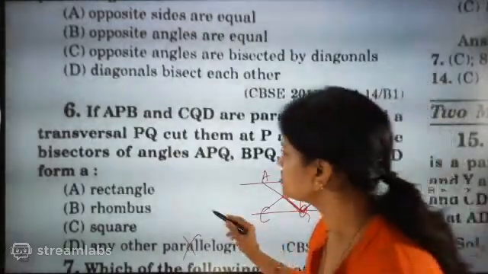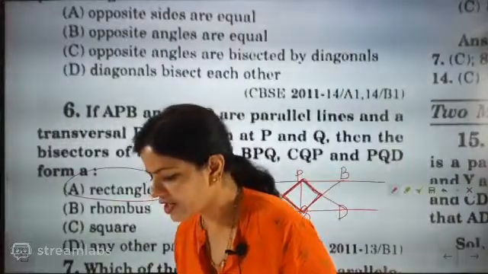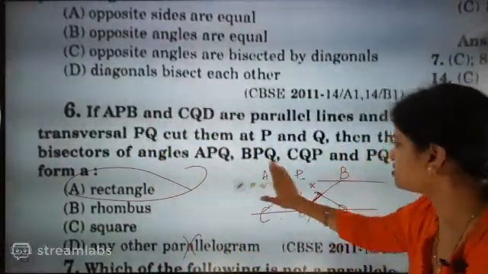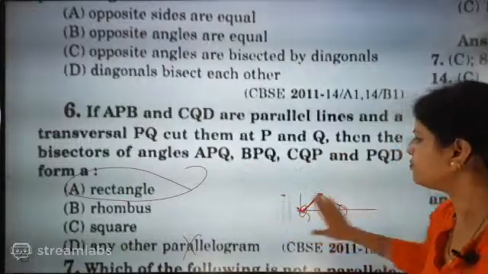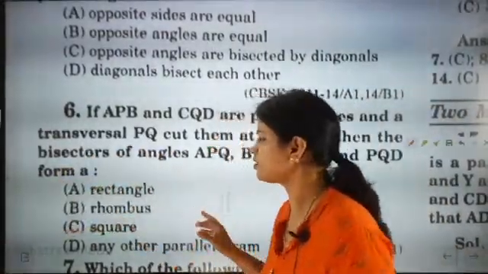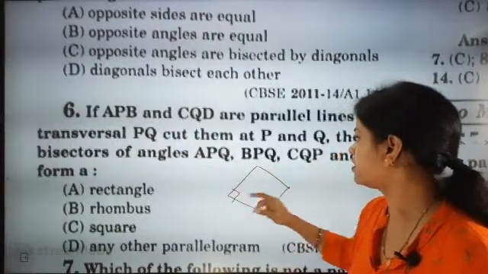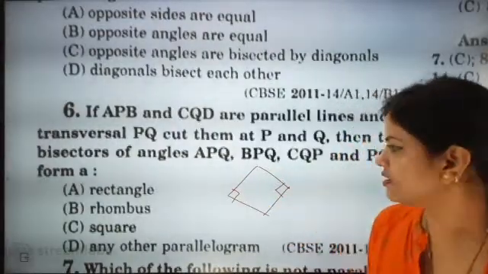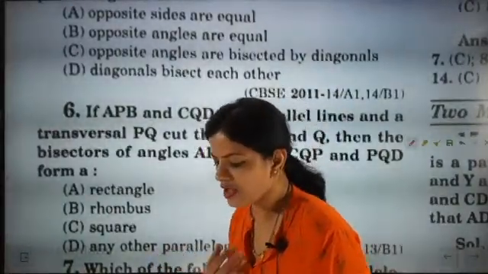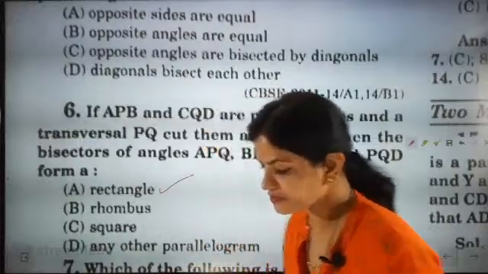So the correct answer will be rectangle. We can prove it, beta. Right now we don't have time because other chapters are also there. Bisectors are coming like this, so we can prove it is 90 degrees. A square means all sides equal. That is not possible. It can be a rectangle.